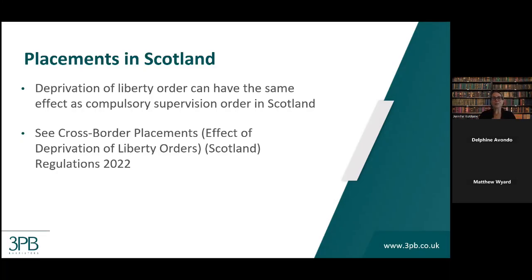Many of these placements are increasingly in Scotland, and so local authorities need to be aware that there are regulations about how children in England can be placed in Scotland under deprivation of liberty orders. And there is a similar order in Scotland called a compulsory supervision order.